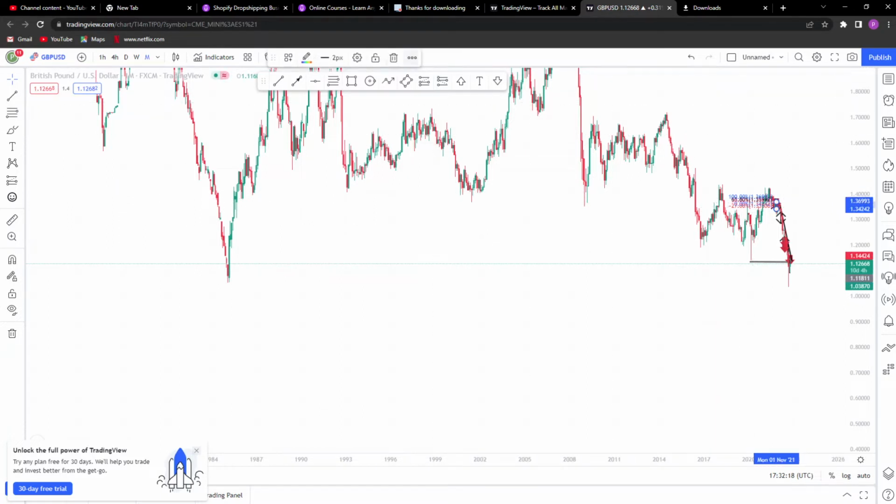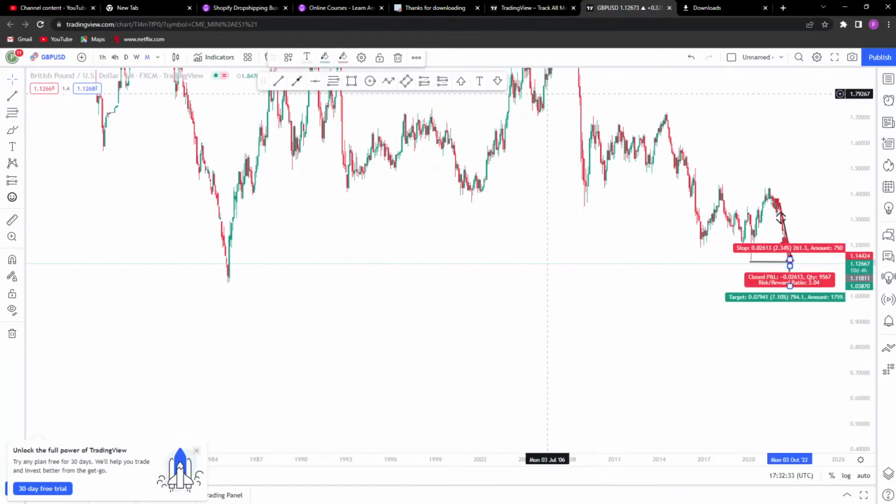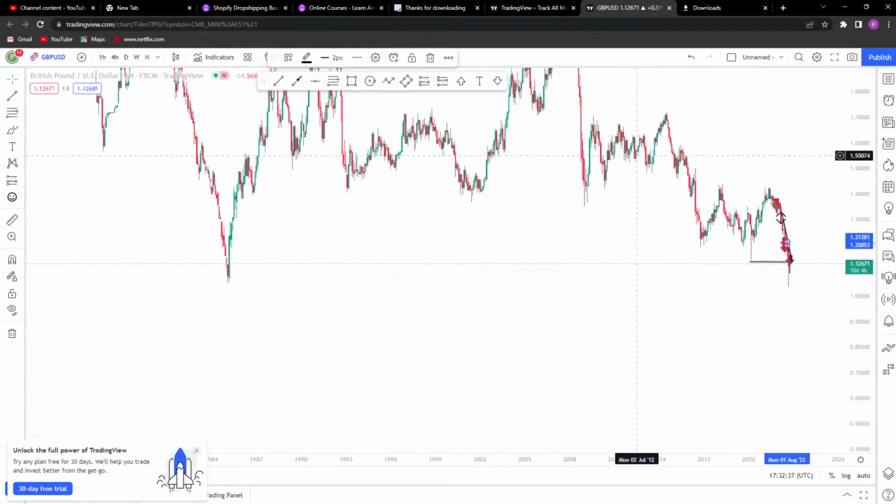Let me just delete all of this. First things first, delete all of these. There's a lot of stuff on my chart. I was analyzing GBP/USD at the time, and I gave a signal on dropping GU.